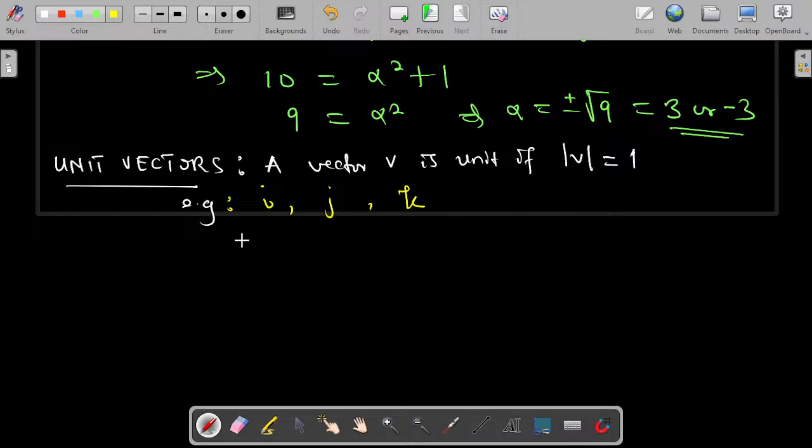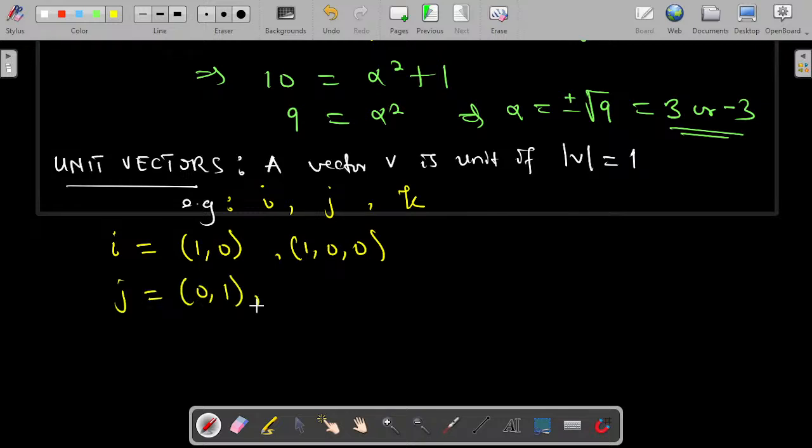If you remember yesterday, I told you that i in R2 is equal to (1, 0), and in R3 is (1, 0, 0), and so on. While j, I told you, is (0, 1) in R2, while in R3 it is (0, 1, 0).